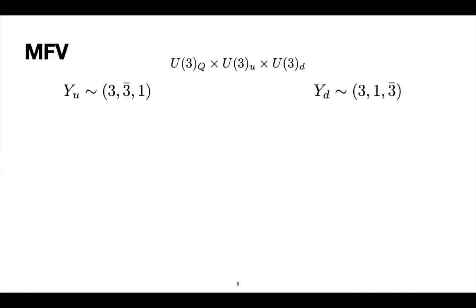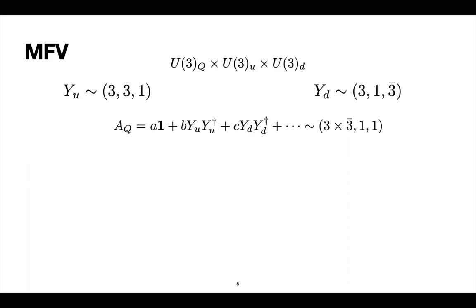So this I'm going to go very fast. This is really just in order to clarify our notation. In minimal flavor violation, we promote the Yukawas to spurions, and then we do our spurion expansion. And what you typically get are objects like this that have a very specific transformation property under the flavor group.